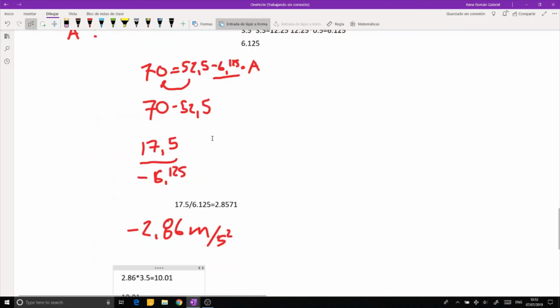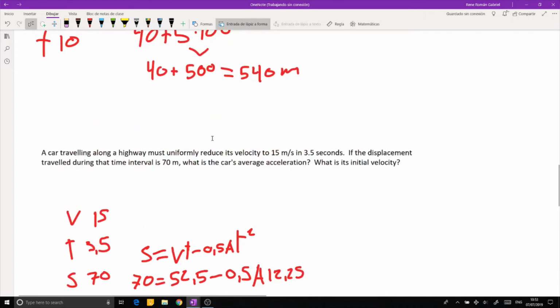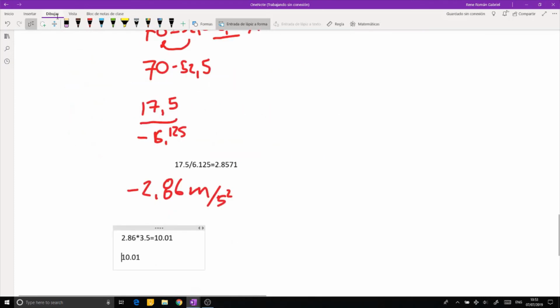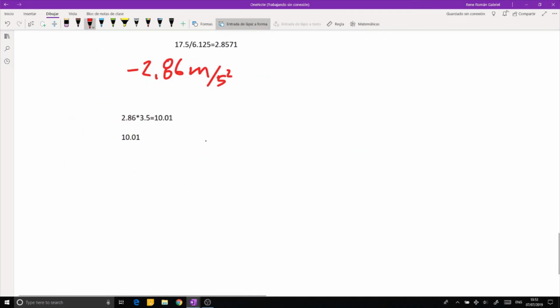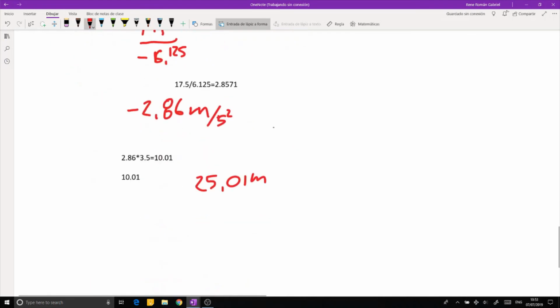So we add it, giving us 25.01 meters per second.